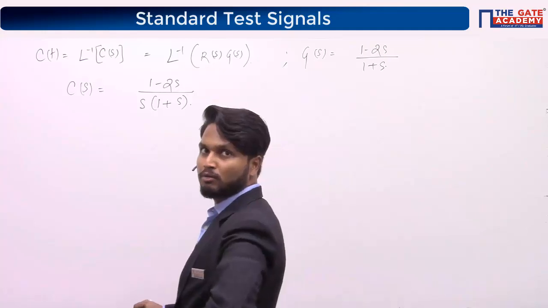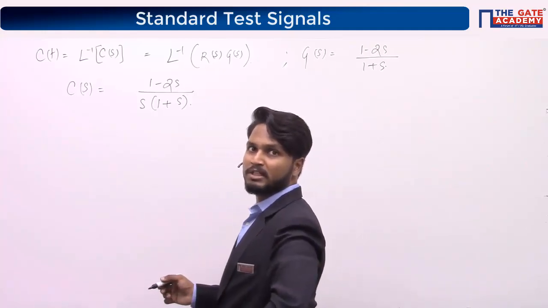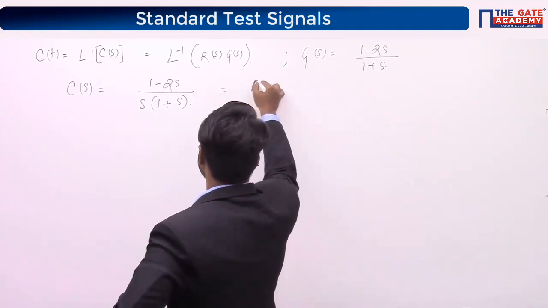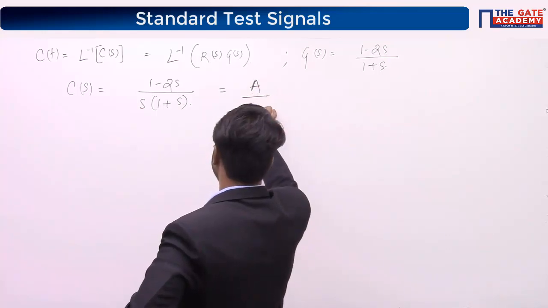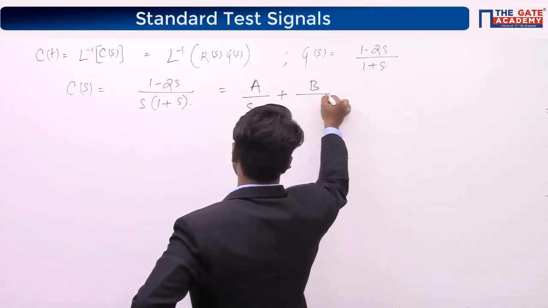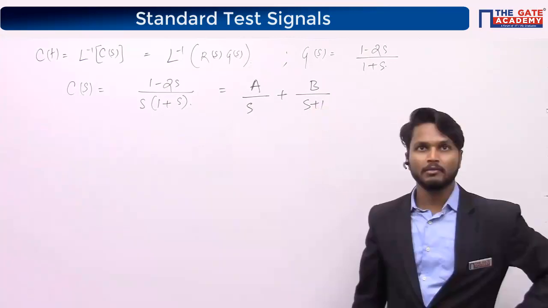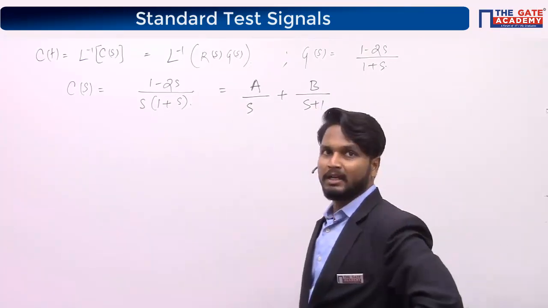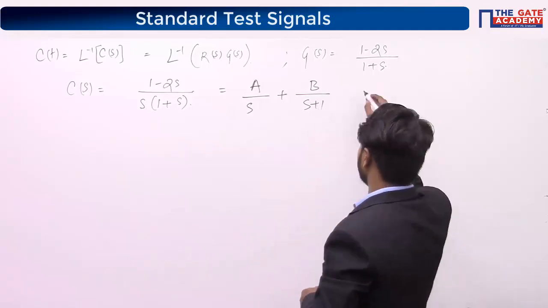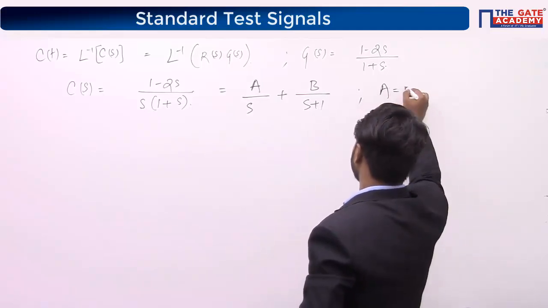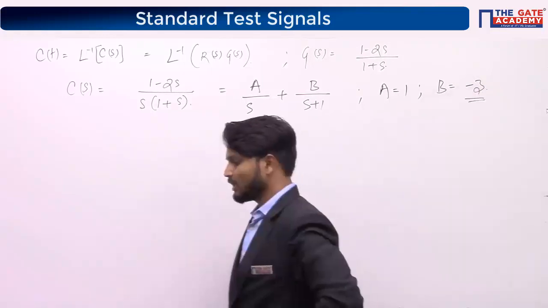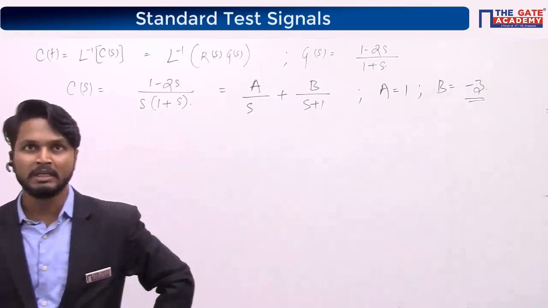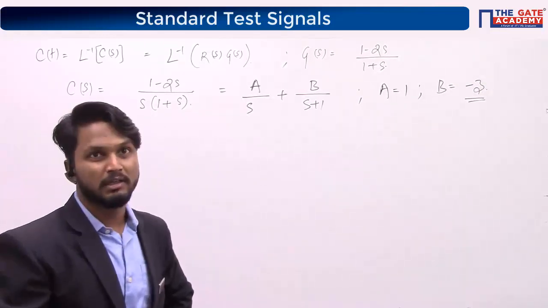So you have to split it using partial fractions. Using partial fractions, you will split it as A by s plus B by s plus 1. Find out A and B. If you find out, you will get A as 1 and B as minus 3.